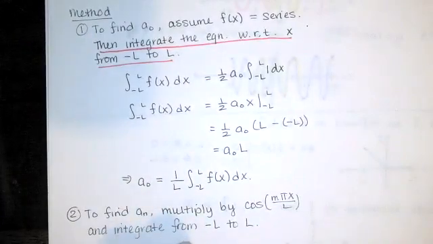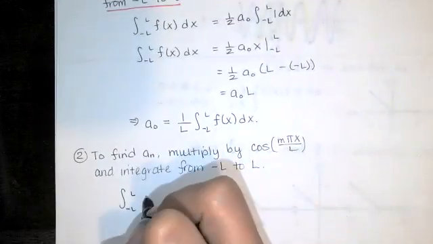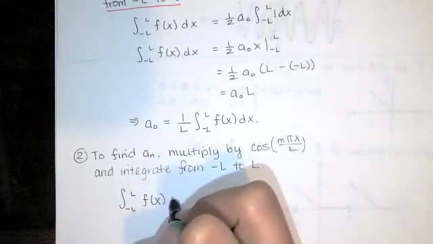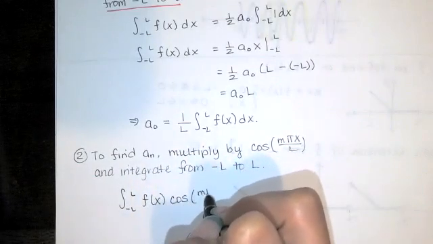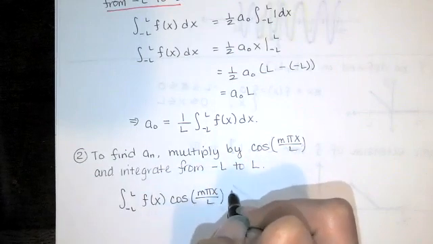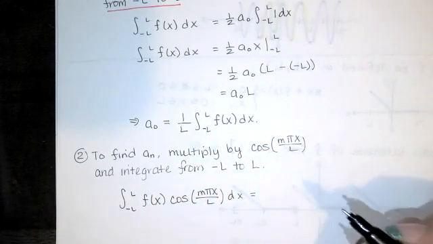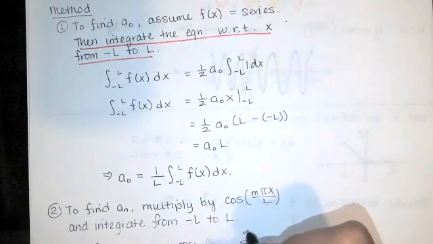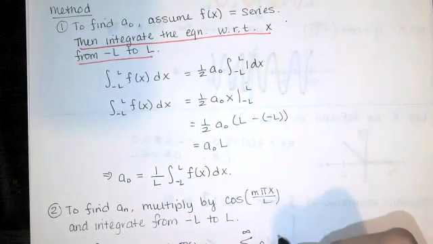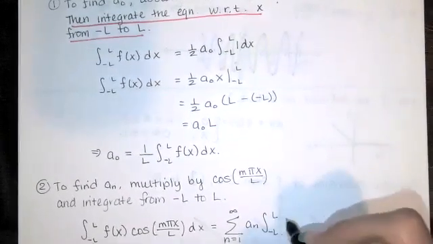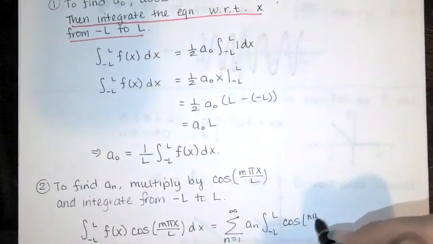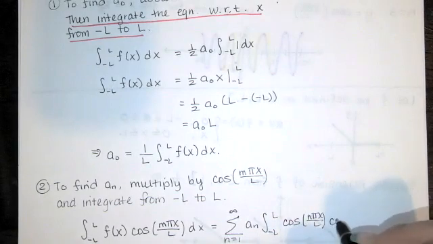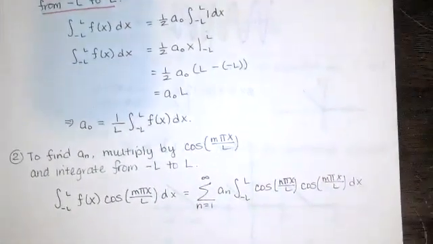So we'll have the integral from negative L to L of f of x times cosine of m pi x, and that will equal this sum, let's say just for now, the sum as n goes from 1 to infinity of a sub n times the integral from negative L to L of the cosine of n pi x over L, that was already there, times the cosine of m pi x over L, which was not there.